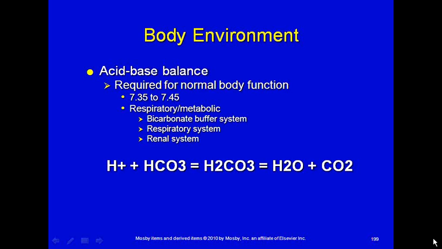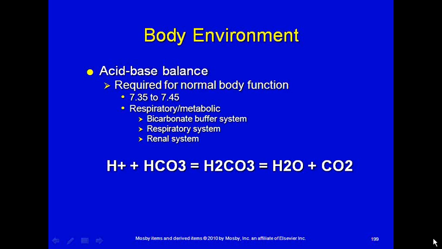Somebody with a pH of, as an example, 7.2 is said to be acidic, and somebody with a pH of 7.5 is said to be alkalotic. There's a variety of reasons that people become acidic or alkalotic, and we'll discuss those in more detail in chapter 8 as well as in our ACLS. But the acidosis and the alkalosis that you may have may be the result of a respiratory problem.